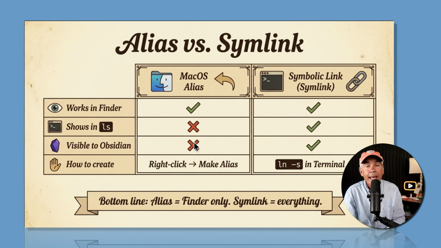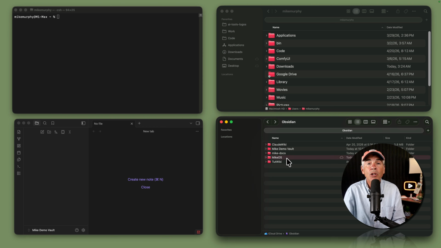So when you hear alias, think Mac OS specific. Aliases are easier to create. You can either just right-click on any folder or file, or you can use a keyboard shortcut to create aliases, whereas Symlinks you can only create in the Mac OS terminal or PowerShell if you're on Windows.